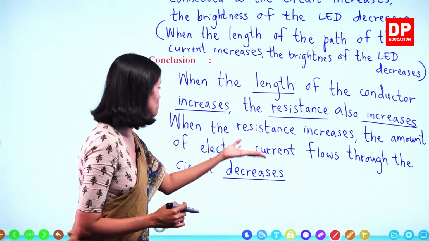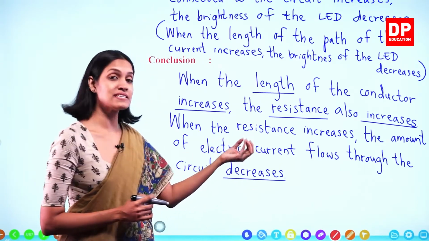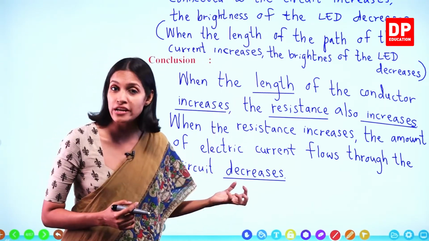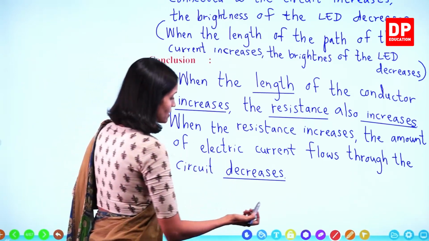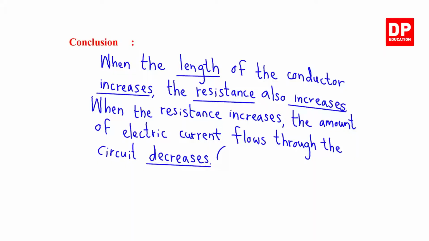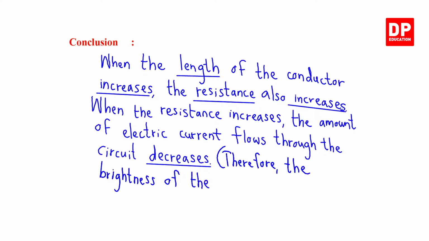So when the amount of current flowing through the circuit decreases, this is a reason for the less brightness of the bulb, okay? We'll write that within brackets. Therefore, the brightness of the LED decreases.